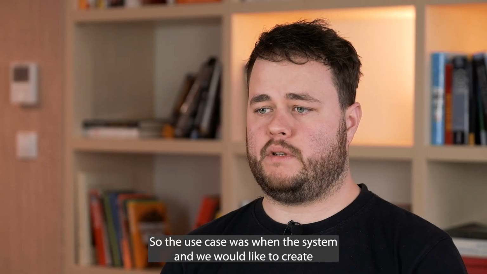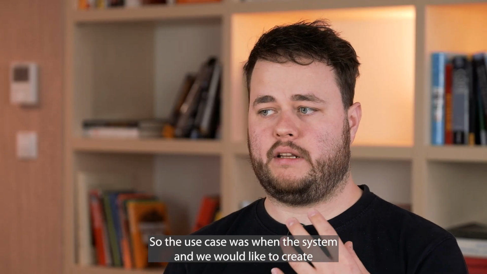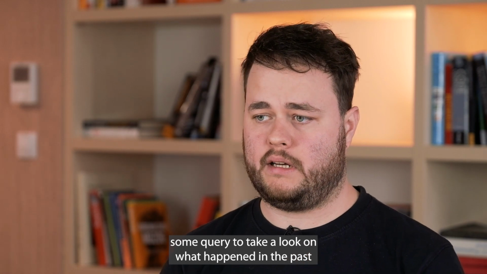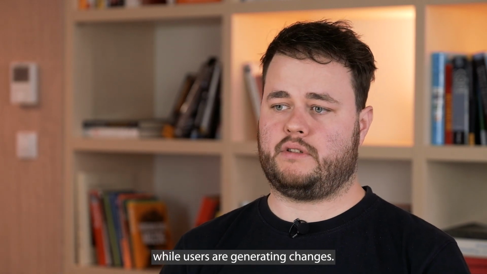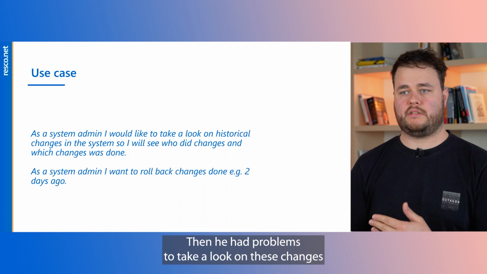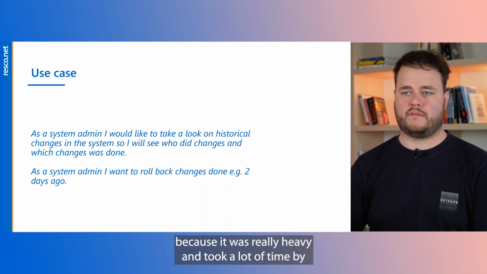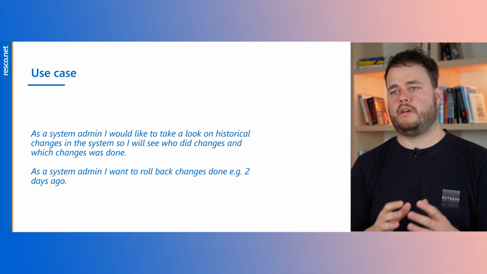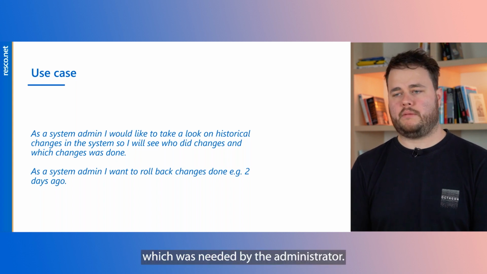So the use case was that when the system admin would like to create some query to take a look at what happened in the past while users are generating changes, then he had problems to take a look at these changes because it was really heavy and it took a lot of time for the query to search the relevant part which was needed by the administrator.